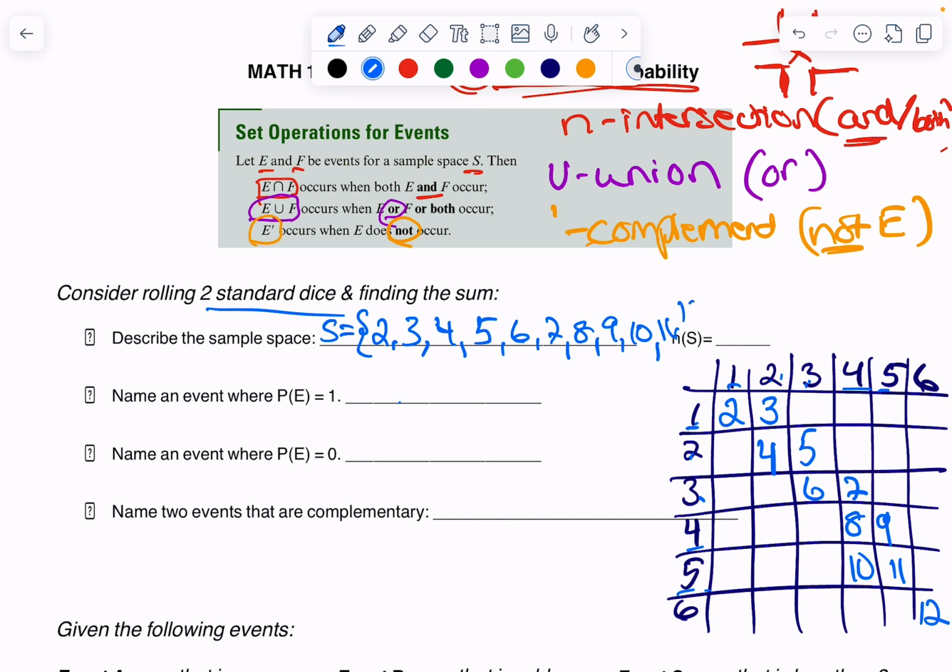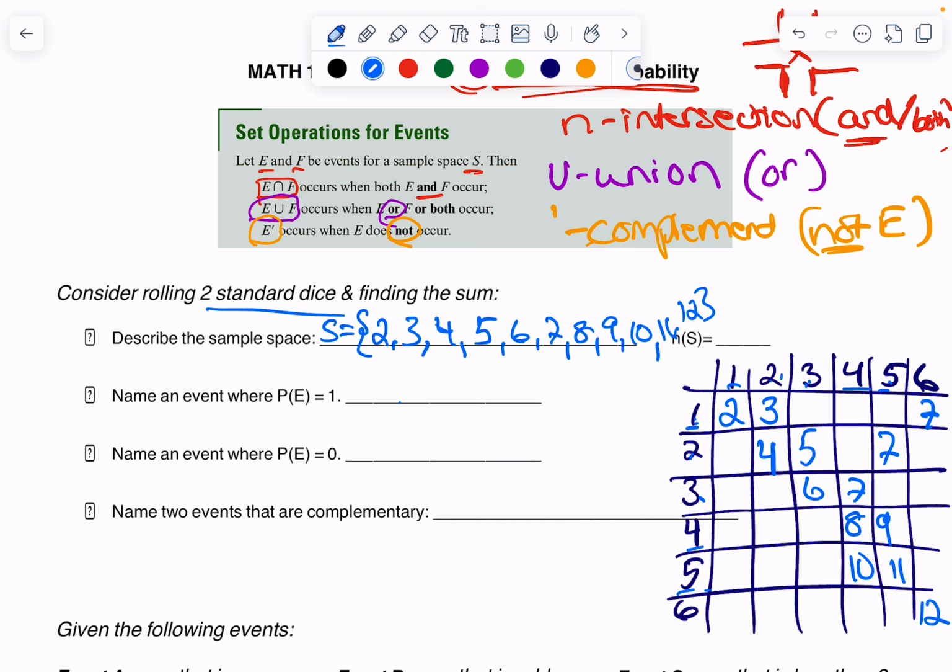Now I know that there's a lot of empty boxes in this grid, but if we do like 1 plus 6, that's 7. Well, we already have the 7 here. 5 plus 2 is 7. Then we've got our doubles here as we roll the dice. So those are all the different sums that we can get.